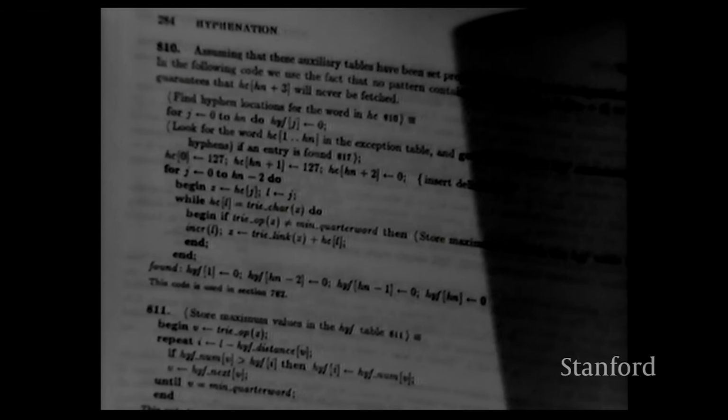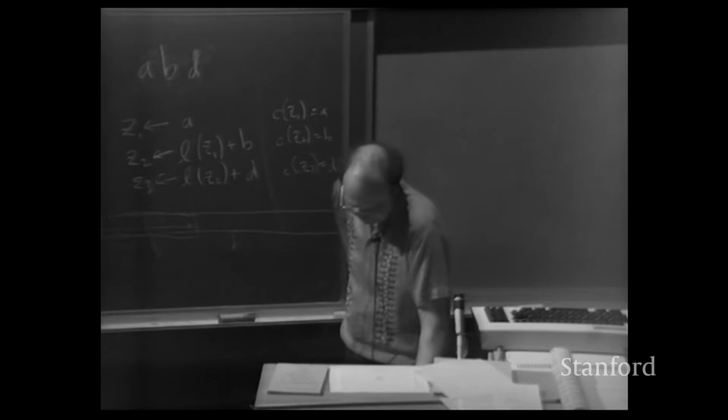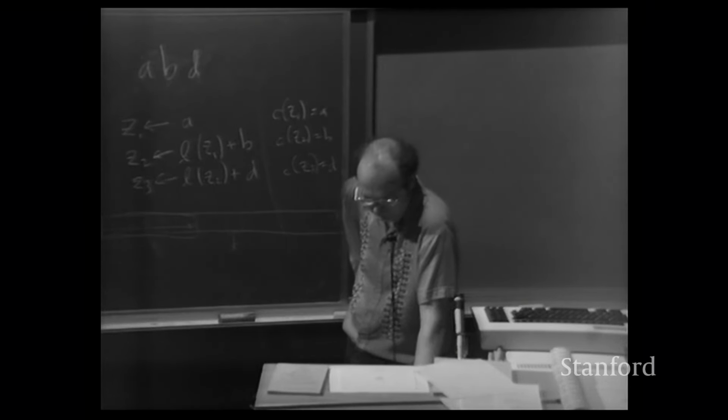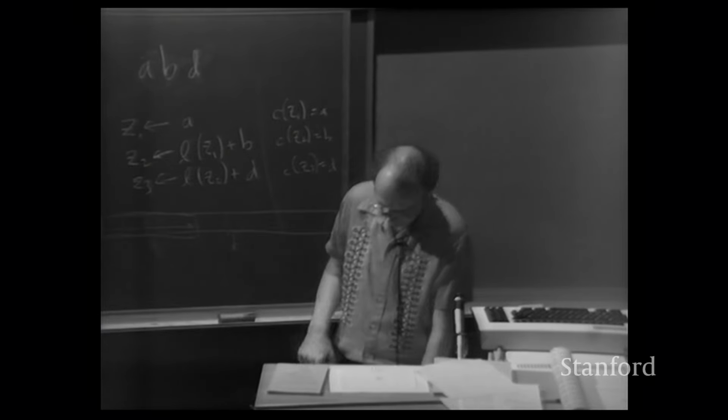At the end, then, we have something that will contain odd numbers or even numbers, depending on whether we should put a hyphen in or not. Okay, the hyphenation exception table is kept in a hash table with a technique called ordered hashing. That's of a little interest too, but I won't go through it now.